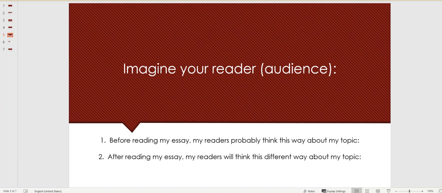So don't focus on trying to completely change their views or to introduce something that's completely different to them, but just consider what have you learned after reading and listening to what your sources have said about this topic, from your observations, from your personal experiences that you bring to this conversation. What could you talk about that will have your reader thinking differently about this topic? And that should help you start drafting an answer to the question at least.